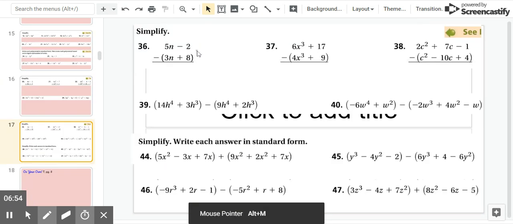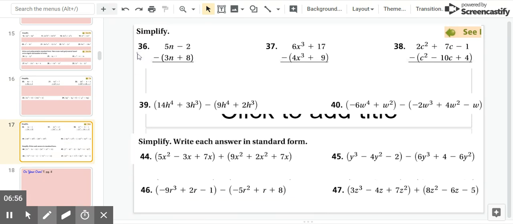This is actually part of your homework, so I need you to look at number 36 and 37. When you subtract, it's a little bit tricky, but don't forget to do keep, change, change. So now I need you to rewrite it: 5n minus 2. I'm going to change it to an addition question.